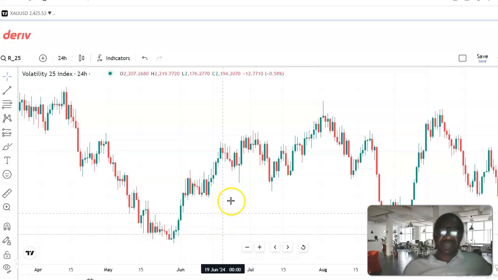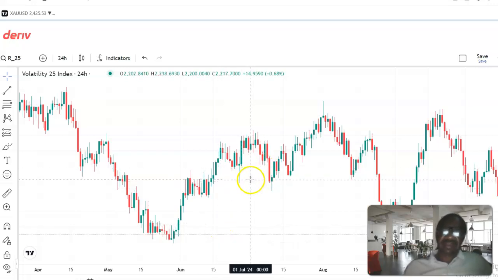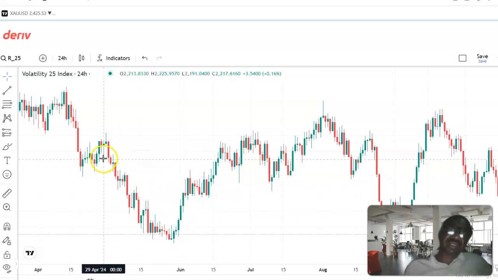Okay, look at it here again. This is continuation. They push it, then they push it higher again. Okay, so look at this. This is a shooting star. It moves up. They think we are moving higher. Shooting star shows up. It tells you that the bears are likely to take over the market again.